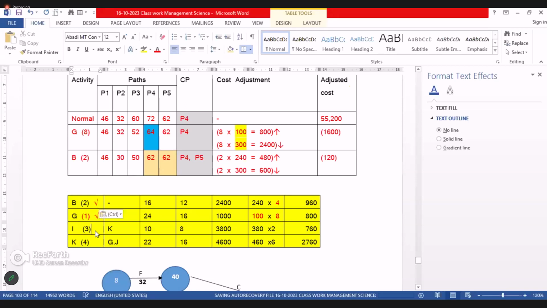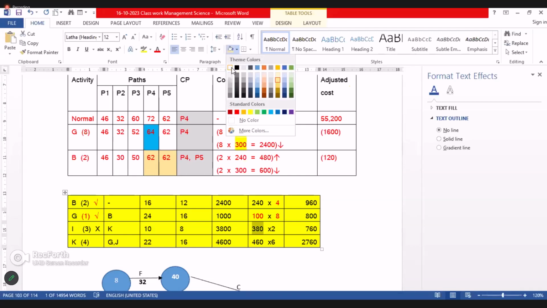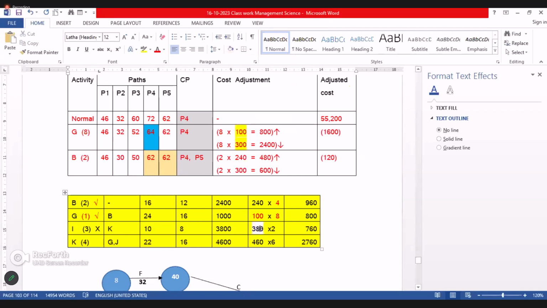Can we do an adjustment in I? Tell me. No. Why?